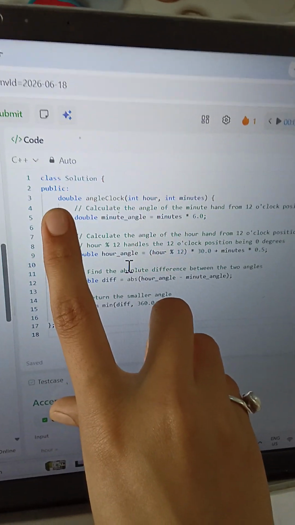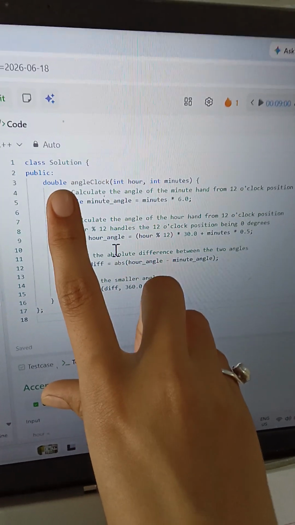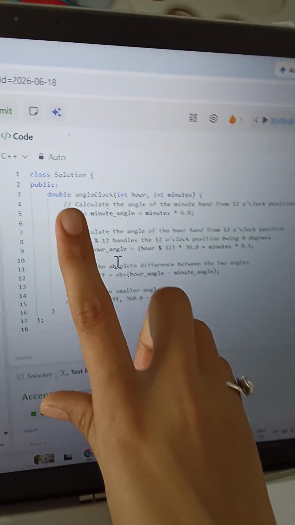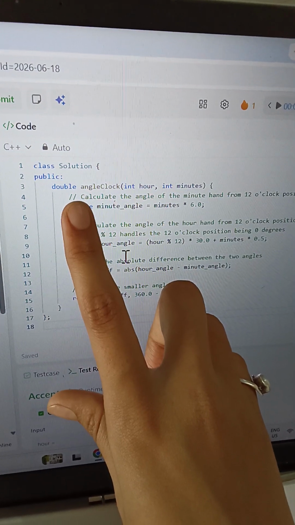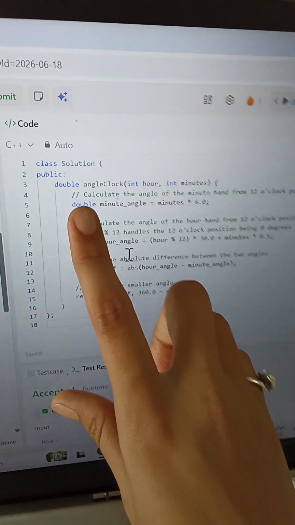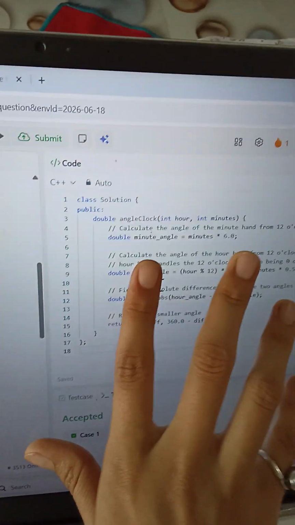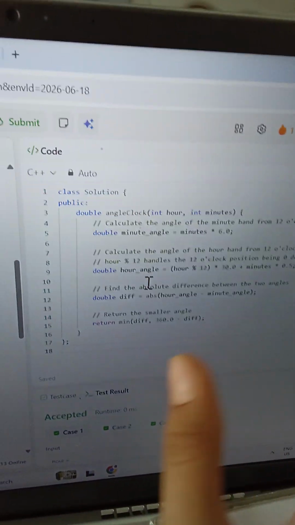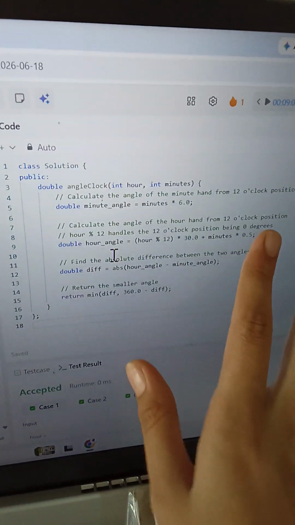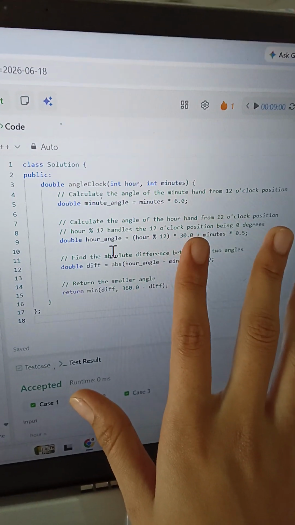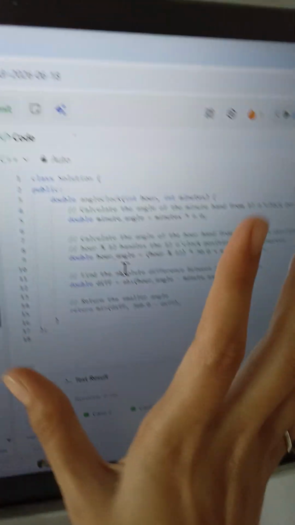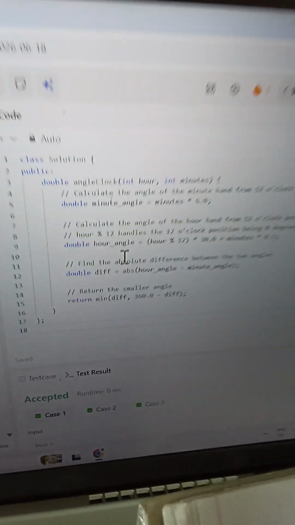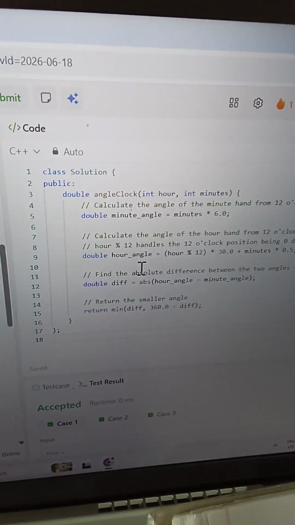Here we are using the double data type, which refers to decimals. When we want to return a decimal in the output, we use double, not integer. Why not float? Because double is also for decimals and large numbers.